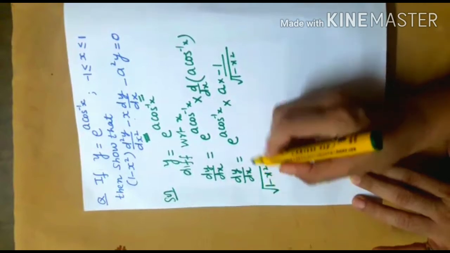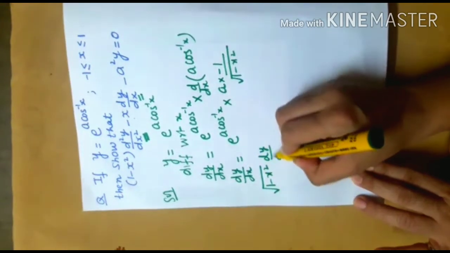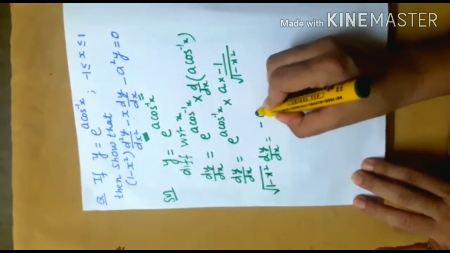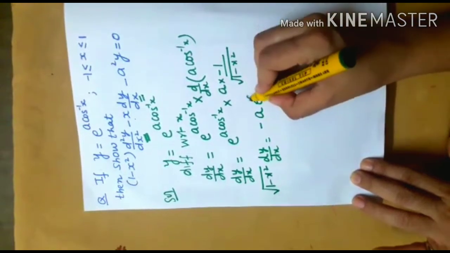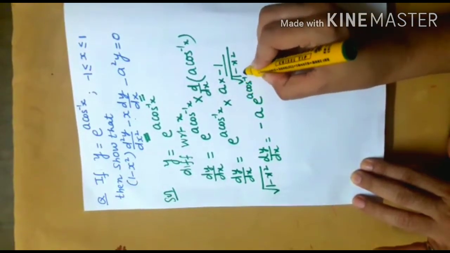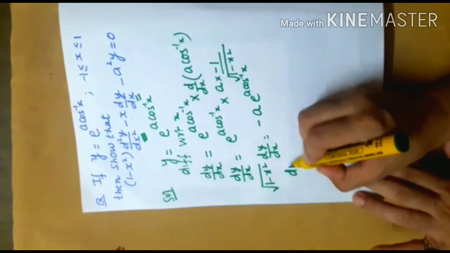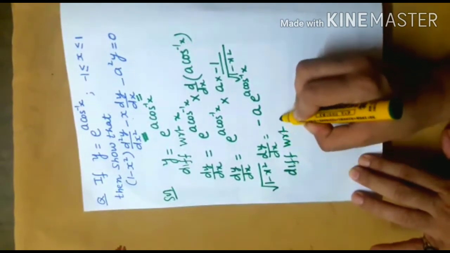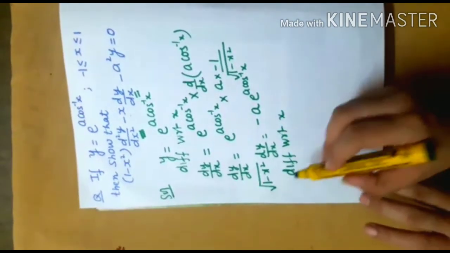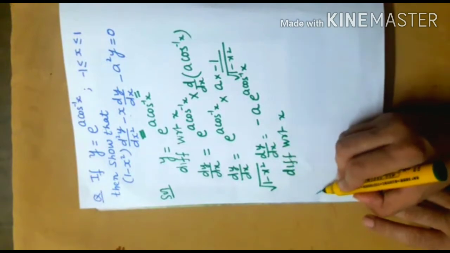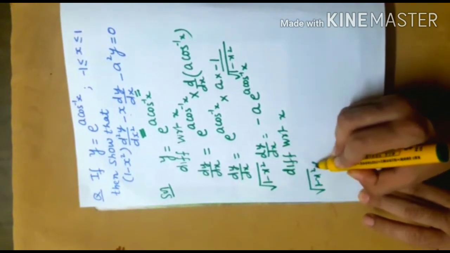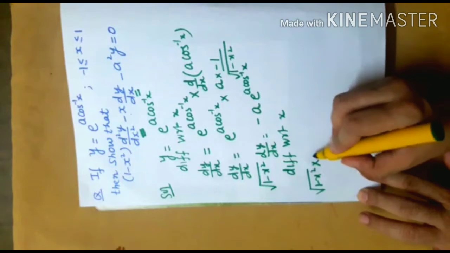So it's root 1 minus x square into dy by dx equals minus a e raised to the power a cos inverse x. Now I differentiate both sides with respect to x. Here I'll apply the product rule. So first function into derivative of second.